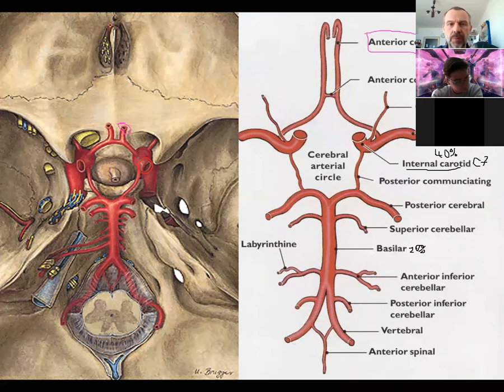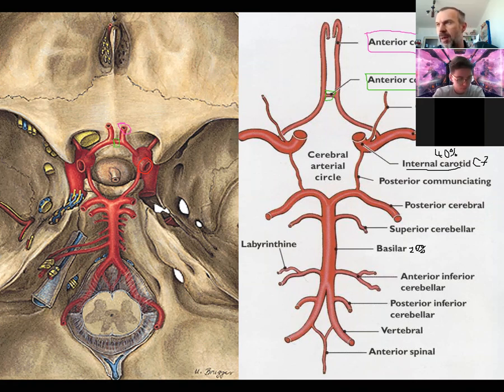Then we have here two communicating branches. Anterior communicating branch, which is short, unpaired, half a centimeter, very short one. And then the posterior communicating branch, which is branched from the C7 segment of the internal carotid, and it's the longer one.